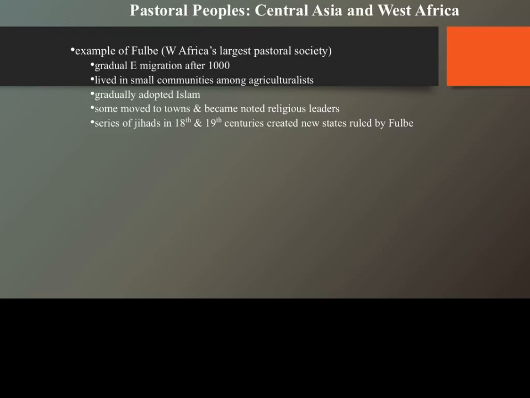They held the farmers' way of life in contempt, actually. But later, as they more and more converted to Islam and the series of jihads, some established their own states and even became noted religious leaders.